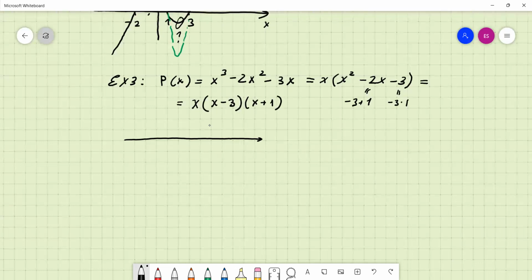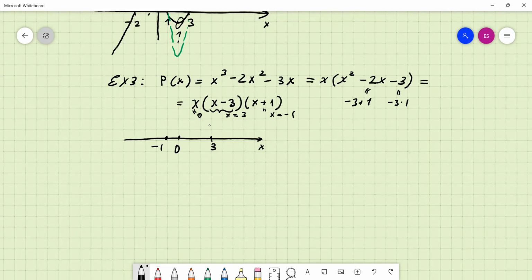So I'm going to start with x equals 0. And this is x equals 0, right? This one is going to give me x equals 3. So that's 3. And this one is going to give me x equals negative 1. Negative 1 is over here. I put them on a scale because I want to actually use these signs when I graph the polynomial.